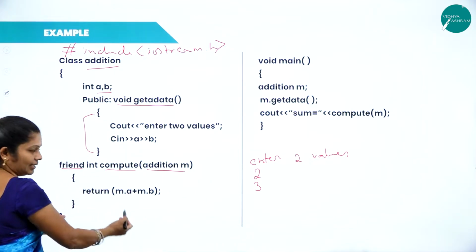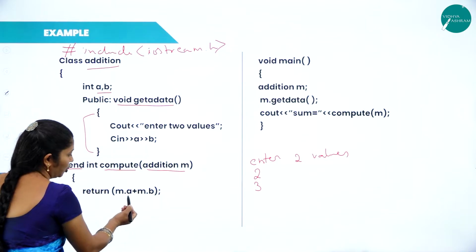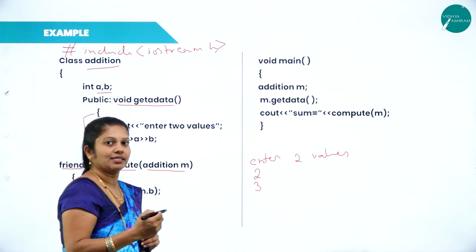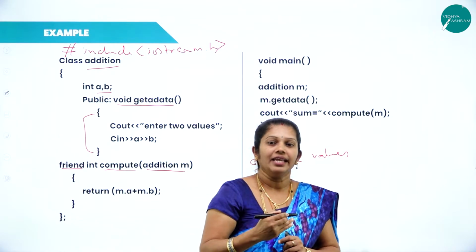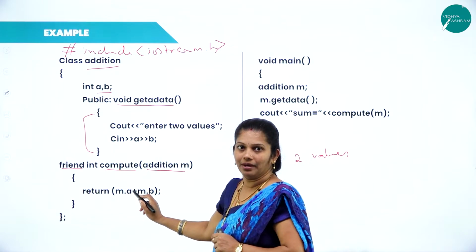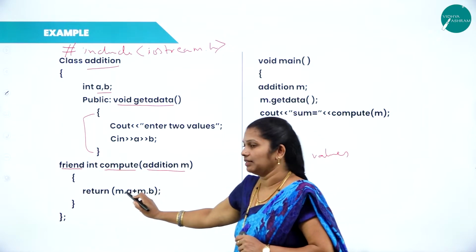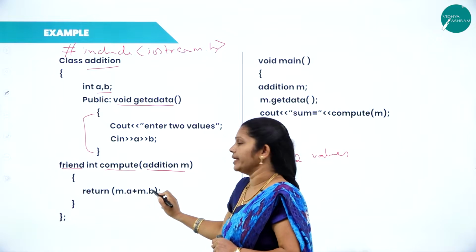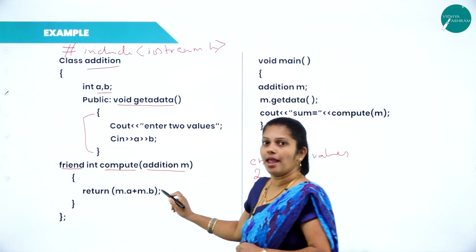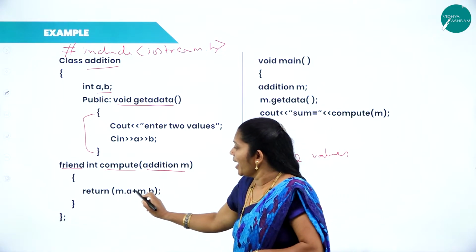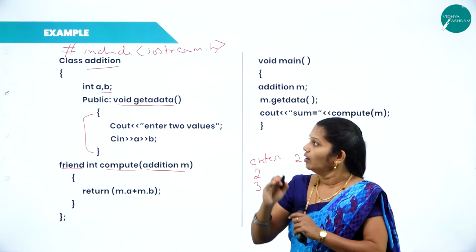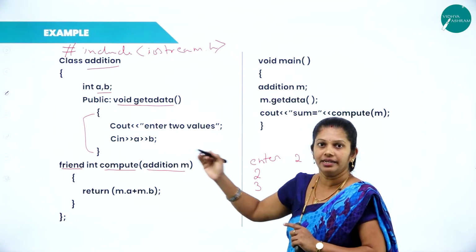Then the return calculation we have given is m.a plus m.b. If I want to access any data, especially in a friend function, I have to write the object name dot data member. I am doing the calculation as m.a plus m.b. Here a and b are the data members of the class addition.